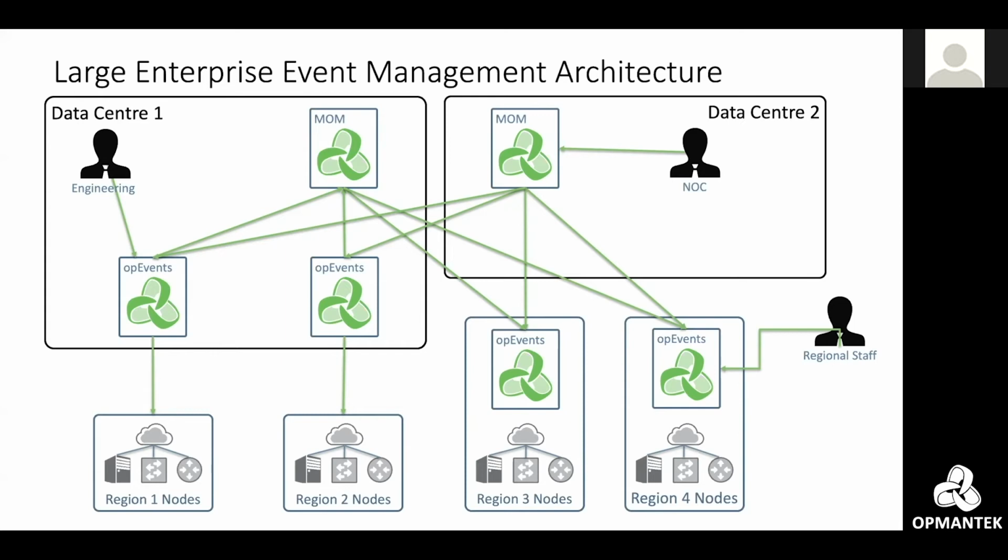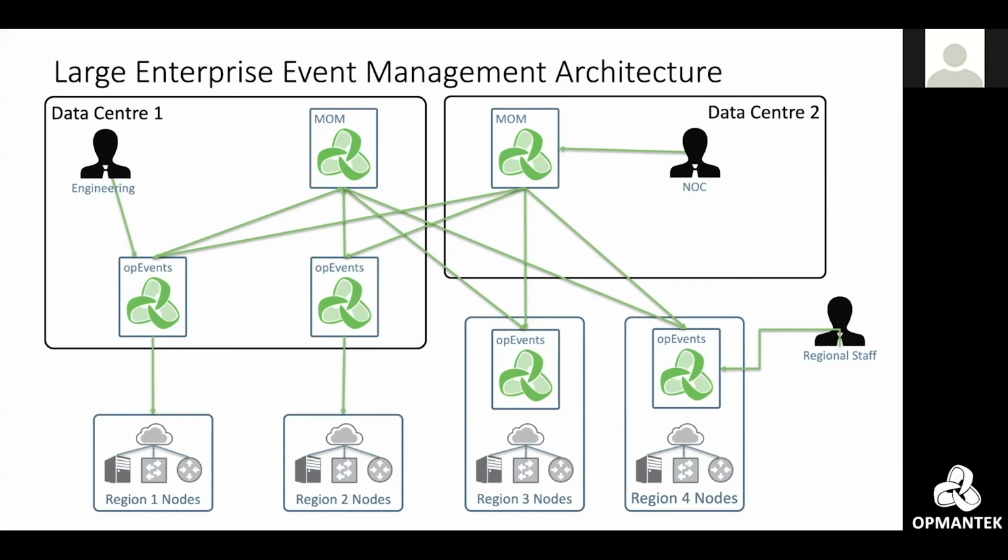And I've shown there a NOC engineer over here in one data center. They're not looking at all the other systems. They're just using OP Events on the master. OP Events is the best way to deliver information to your NOC engineers. Very, very powerful capability, and really the best way to give them the information they need, not flooding them with all of the details.